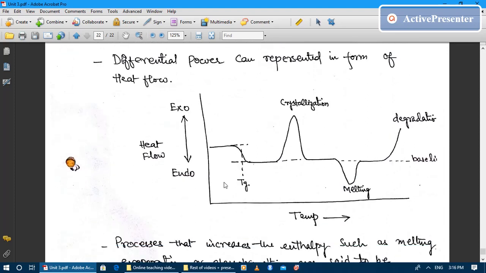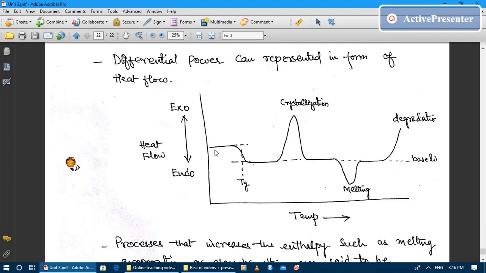So this is the curve of how we can plot the heat flow. It's customary to express the exothermic region on the upward side and endothermic on the bottom side of this graph, and on the x-axis is temperature.